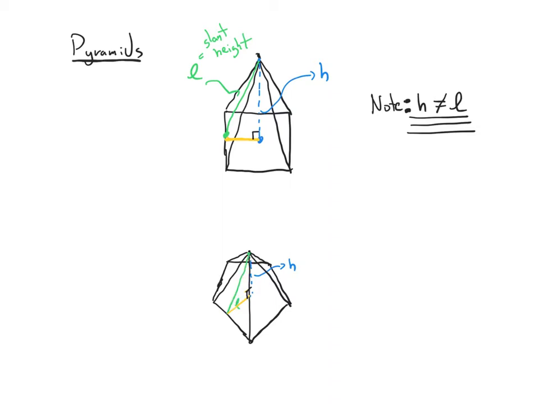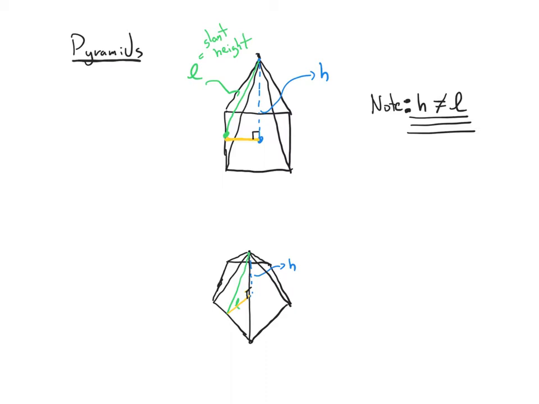So you can see, especially when the height is small, the slant height can be quite a bit longer than the actual height. Think like a circus tent or something like that. Some tent that's really low to the ground. The height of it, the distance from the top to the center, is going to be short, while the distance along the slant of one of the sides is going to be quite large.